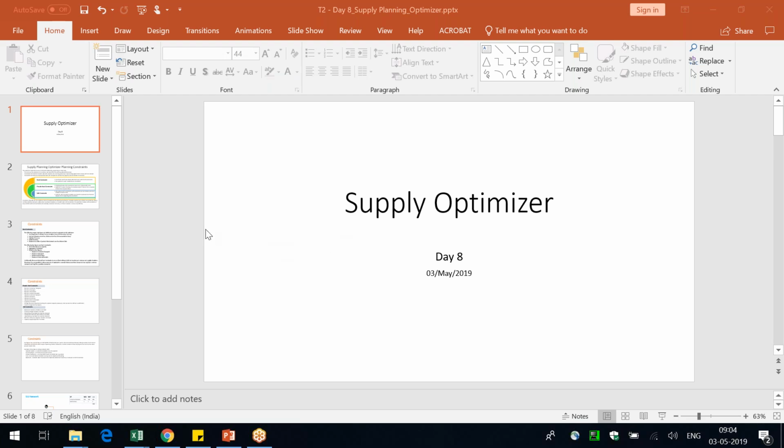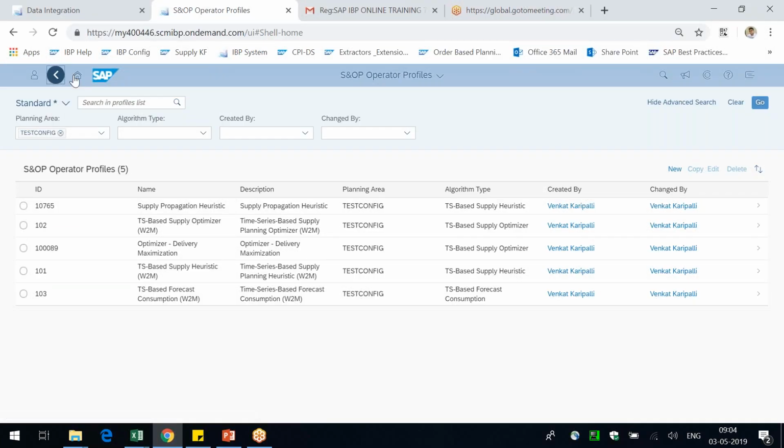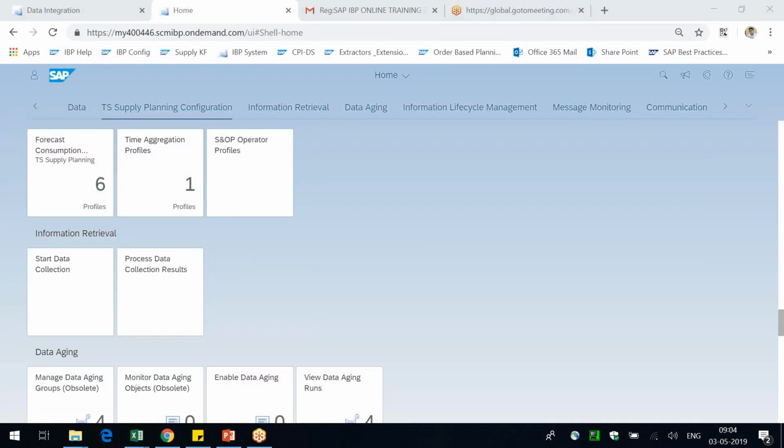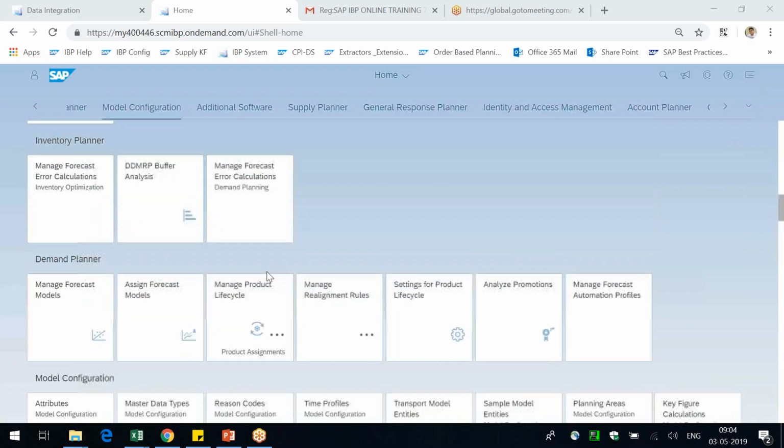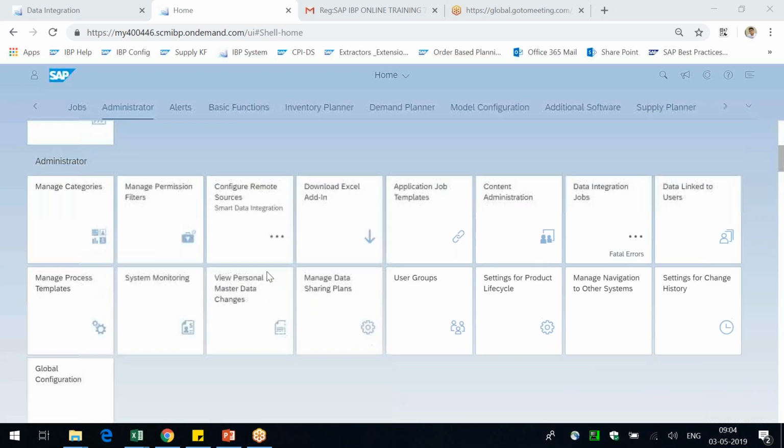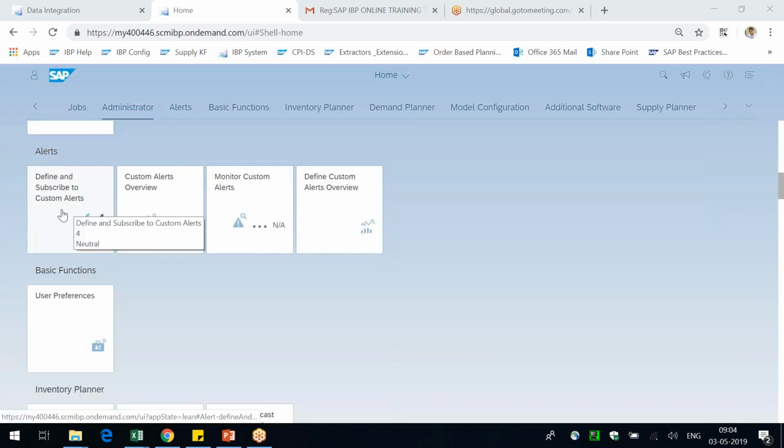Thanks. Yeah, and are the alerts similar to what we have in APO? Any better, any new or better? I'm not sure whether you have seen the custom alerts that we have talked about. Right, that is a kind of fancy feature. We created a new alert and gave an alert definition, that if key figure X is greater than key figure Y, or all those mathematical comparisons, then we can create an alert.